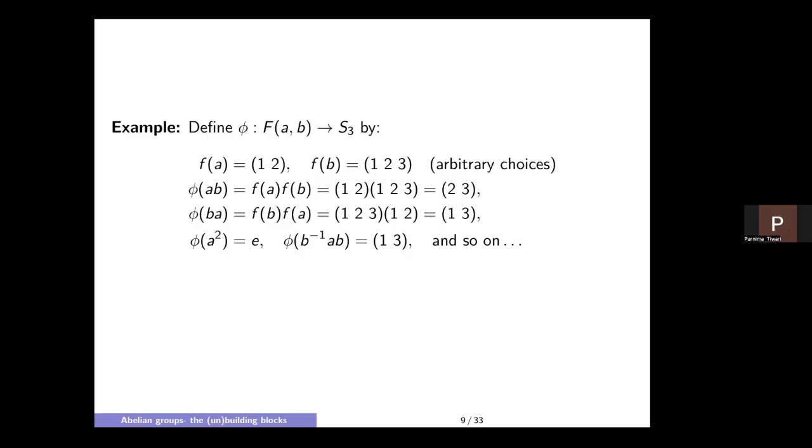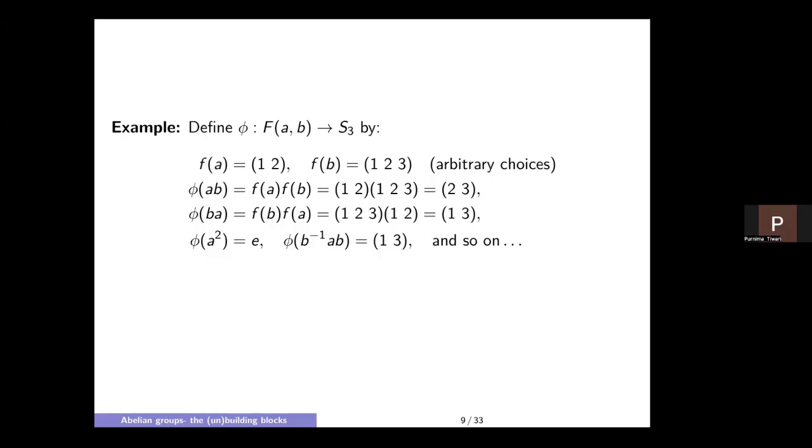Let's see an example. Suppose we have taken two elements A and B from the underlying set S, and we have mapped them to the group S3, the symmetric group of order 6. We have taken f of A as the cycle (1 2), and f of B as (1 2 3), which are arbitrary choices. We can take any two other elements which can help us generate S3.